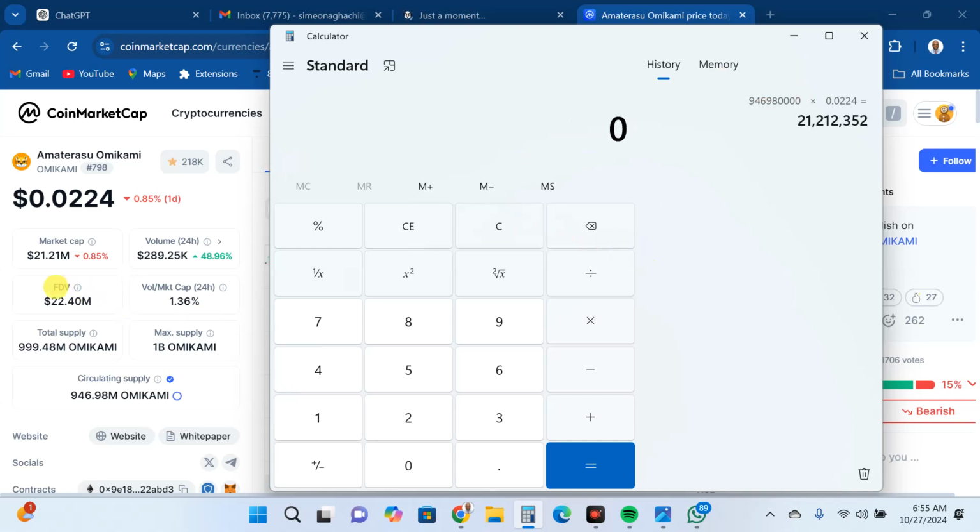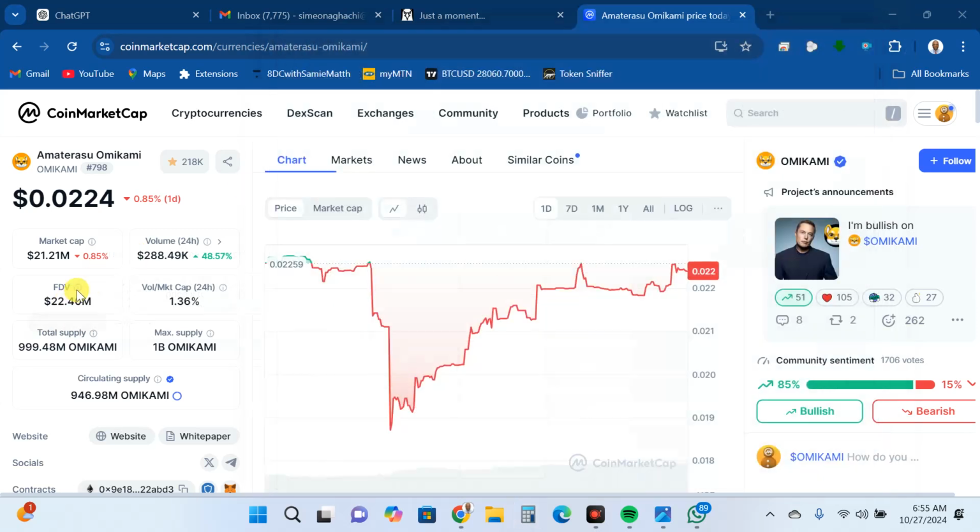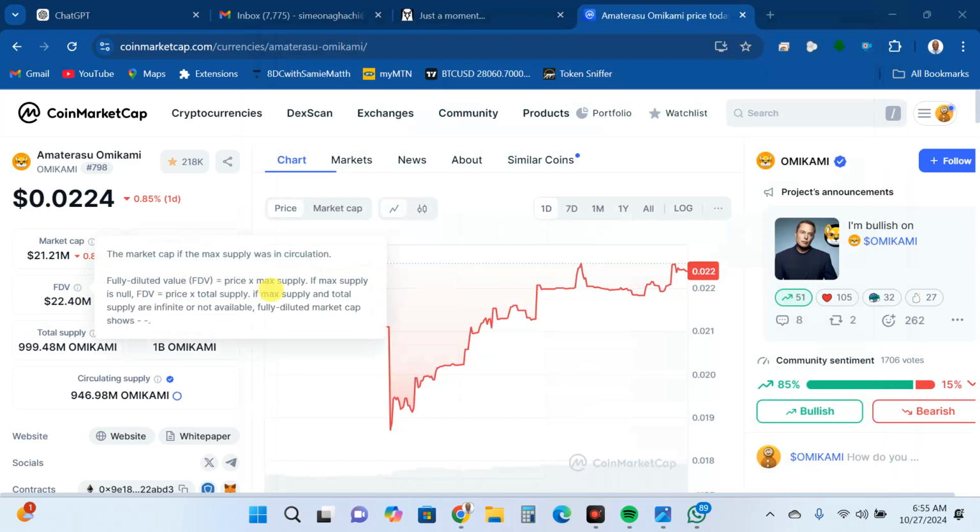Now there's something called fully diluted value. Let me close this. The formula for calculating fully diluted value is price times max supply, or if the max supply of the token is not displayed, you can do price times total supply.